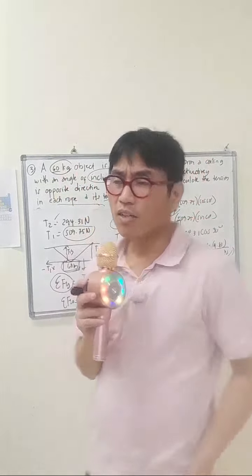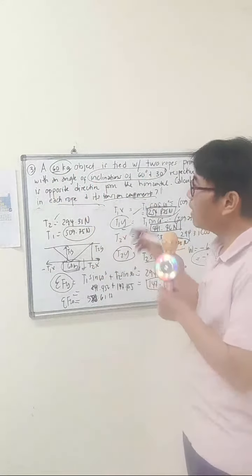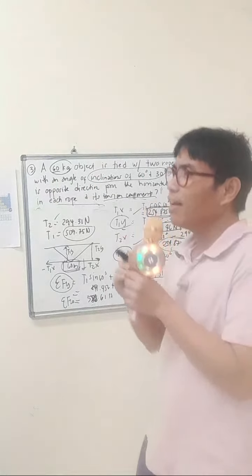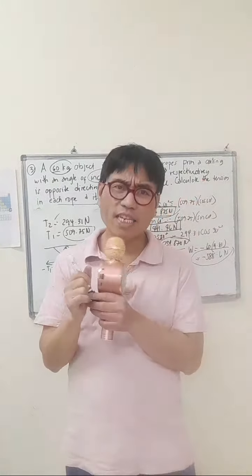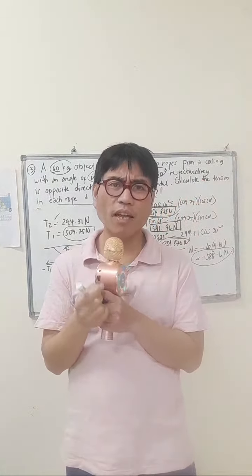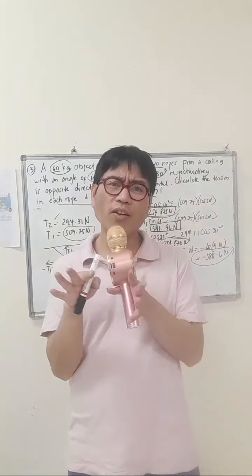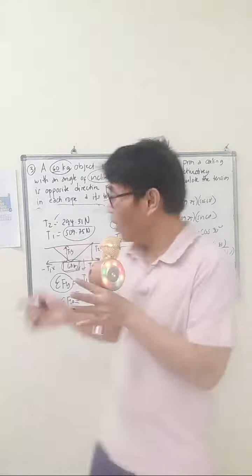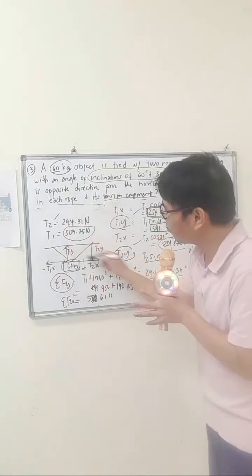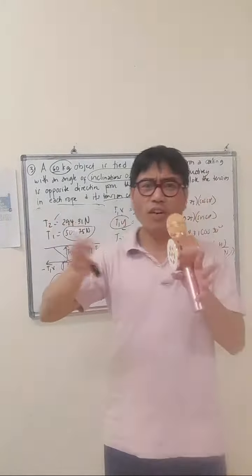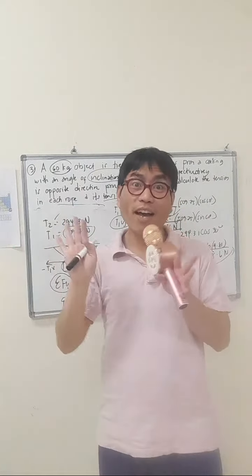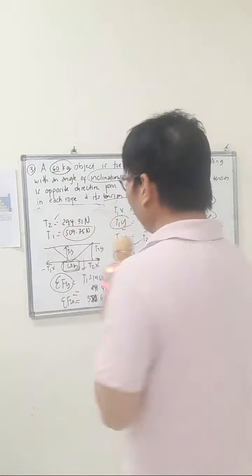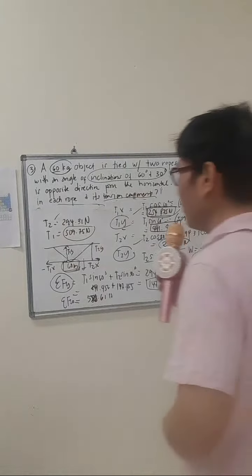So meaning to say, if net force is 0, the object is remaining in motion. Okay, but the motion is not really going very far from the stationary location, like a vibration on it.